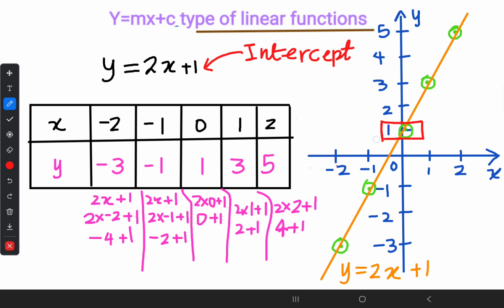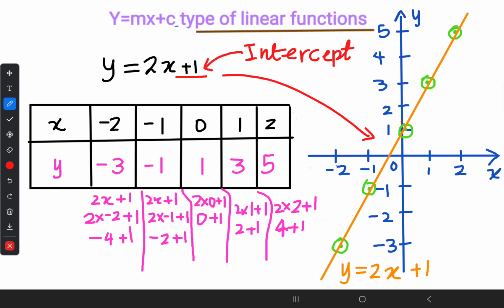The function intersects the y-axis at exactly positive 1. So by looking at the graph equation, we can identify that the intercept is the place where our function and the y-axis intersect. That's called the intercept. Remember this, you should remember this. That's why I'm explaining everything again and again.